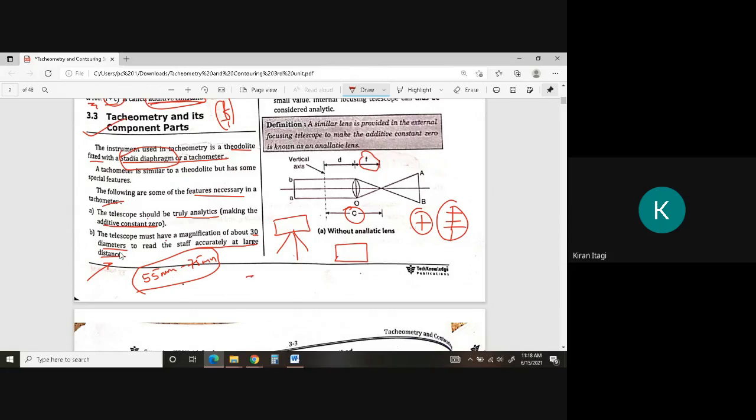Your DSLR camera may have around 300 mm to 600 mm to capture an object at a far distance and also have clear photos with good pixels. So here minimum we should have 30.